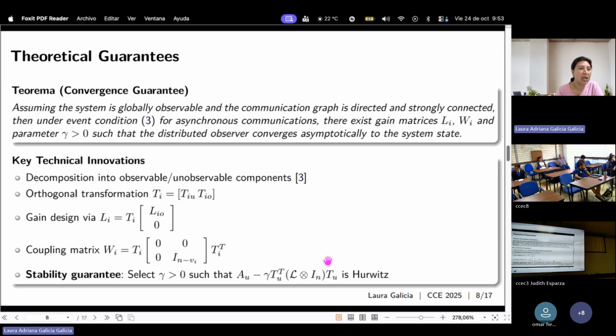It tells us exactly how strong the network coupling must be in relation to the system dynamics to ensure that local estimates converge to the actual state, even with event-triggered communication.